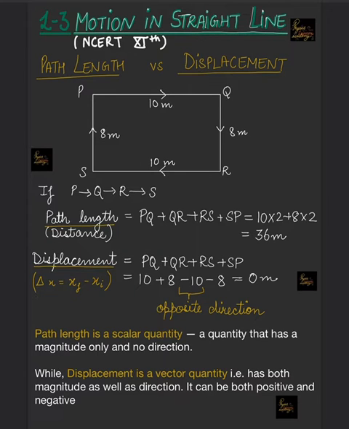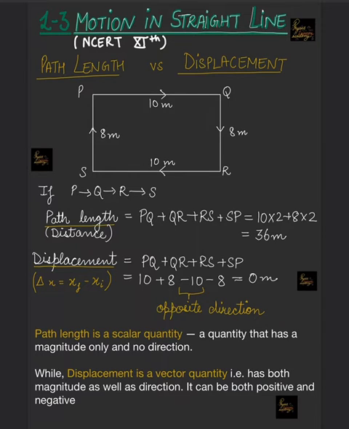But the thing here is, in displacement, we see that PQ and SR are parallel. What happens is, P to Q, if we suppose it's positive, then R to S is moving opposite to this. This is minus. Okay, and similarly for 8, and this is minus 8. So the overall net displacement comes out to be 0.